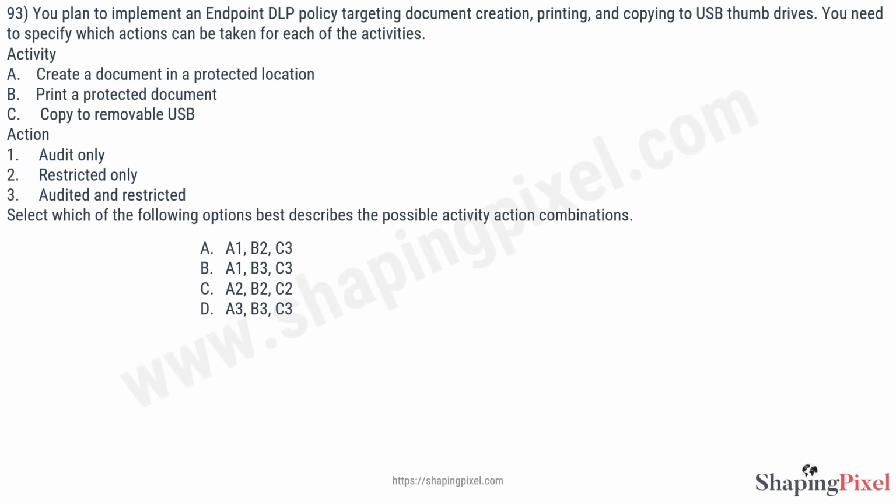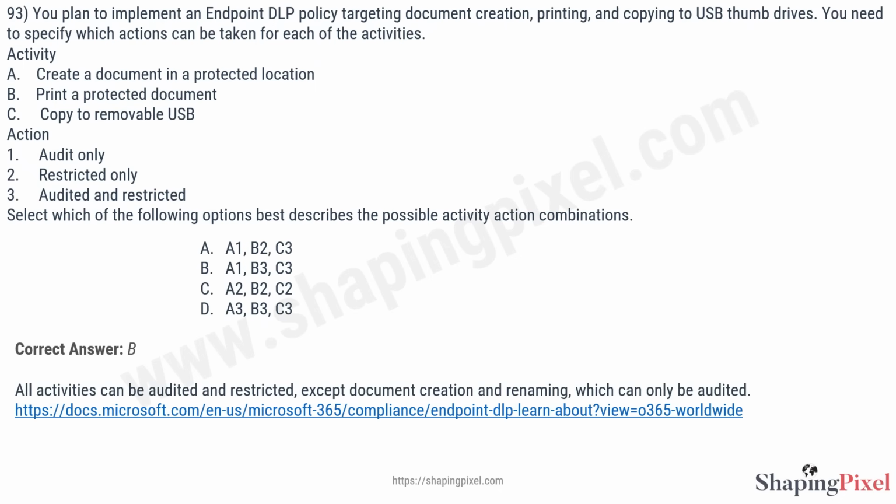An action: audit only, restricted only, audited and restricted. Select which of the following options best describes the possible activity action combination. So the right combination here is option B, A1, B3, C3. All activities can be audited and restricted except document creation and renaming, which can only be audited.